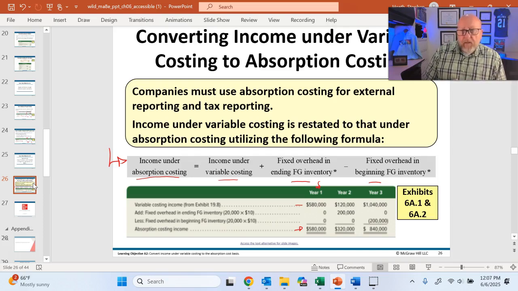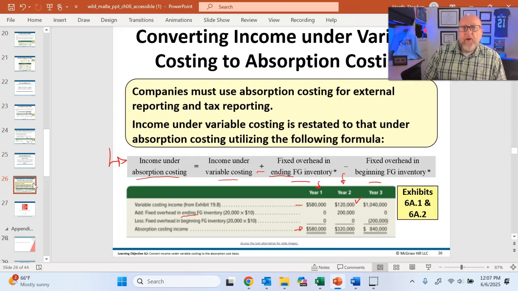Okay. Alternatively, in year two, I have a situation where my variable costing is 120,000, and then I had fixed overhead inventory of 200,000, and again, that's ending inventory. And we said up here we would add ending inventory.